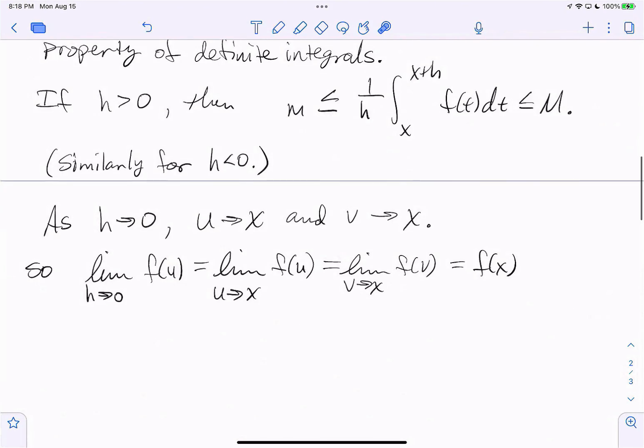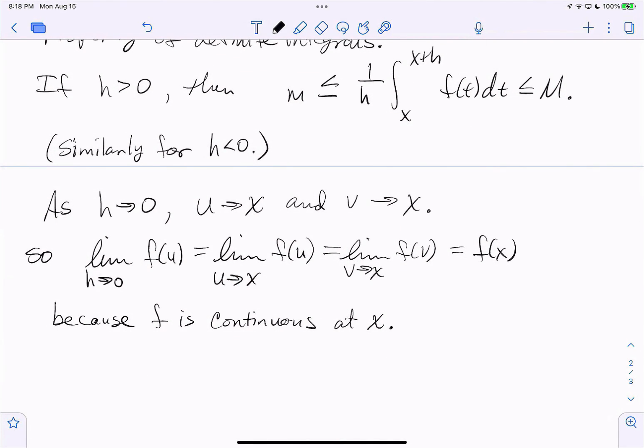Because I have a limit here as u approaches x, and f is continuous. In particular, it's continuous at x. Now, lowercase m was f of u, and uppercase M was f of v. The limit as h approaches 0 of both of those is f of x. So I get to say then that f of x is less than or equal to, leave a gap, less than or equal to f of x.